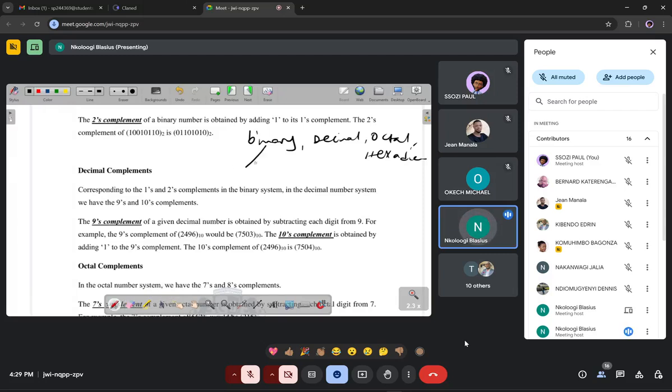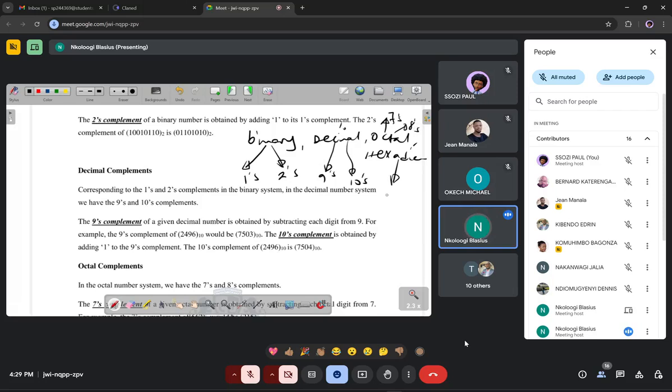For example, binary, which is base 2, will always have a one's complement and a two's complement. Decimal, which is base 10, will have a nine's complement and a ten's complement. Base 8, which is octal, will have a seven's complement and an eight's complement.